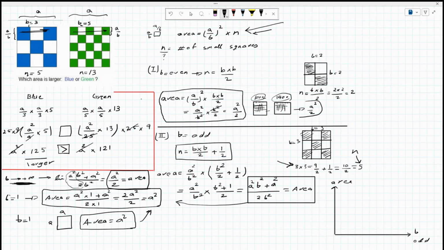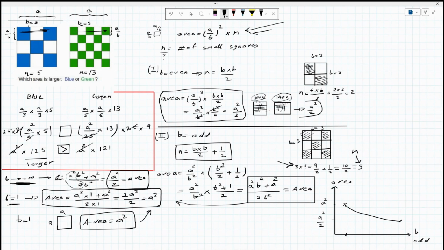So if I consider here is a², the half of that will be a² divided by 2. So when b is equal to 1, the area is a², at this point here. And then when b is a very big number, the area is a² divided by 2, somewhere here. So we're going to have a decreasing trend from this point to this point. So this has a very good explanation.